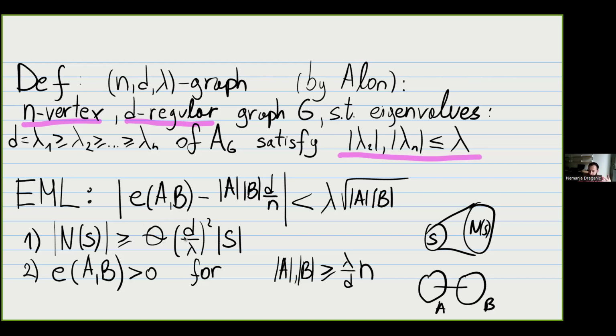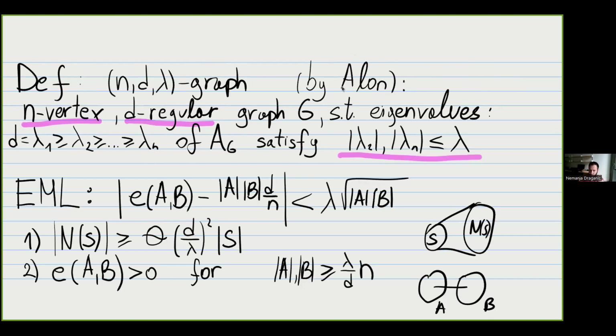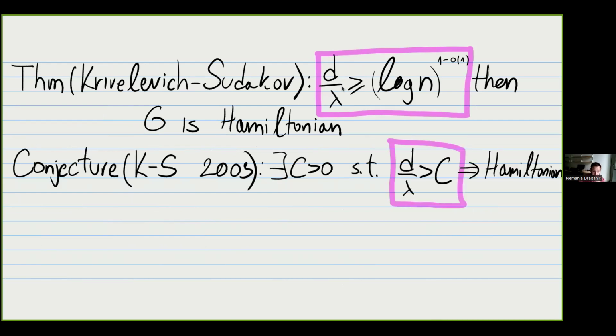So essentially, if you expand by log squared, then you're Hamiltonian. But they really need the expander mixing lemma in the proof. And in the same paper, they had a beautiful conjecture which essentially says that if this d over lambda is at least a big constant, then your graph is Hamiltonian. So you can think of it as, if you have even just a big constant expansion, then you would be Hamiltonian.